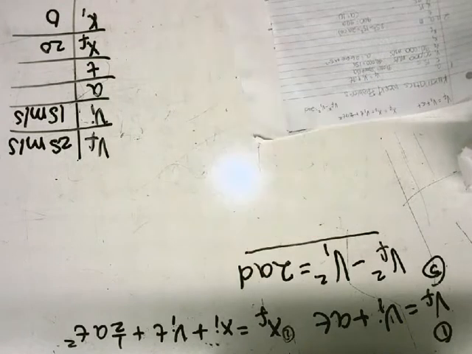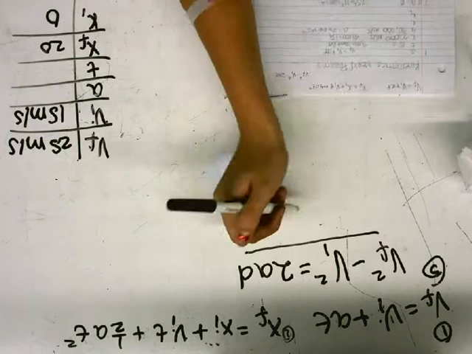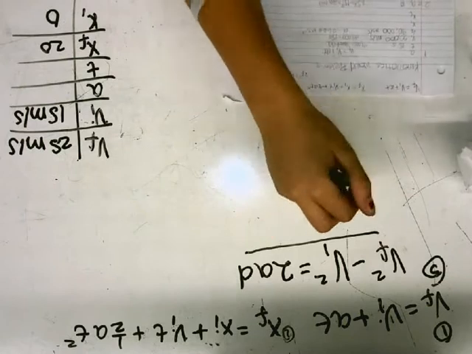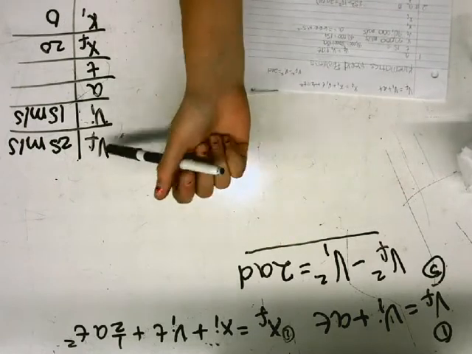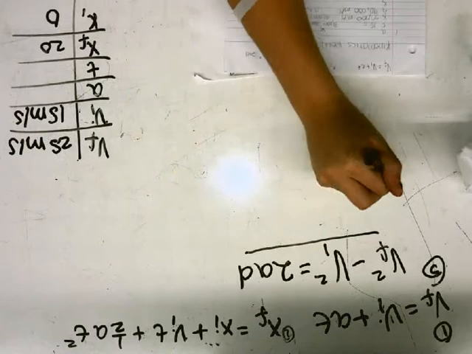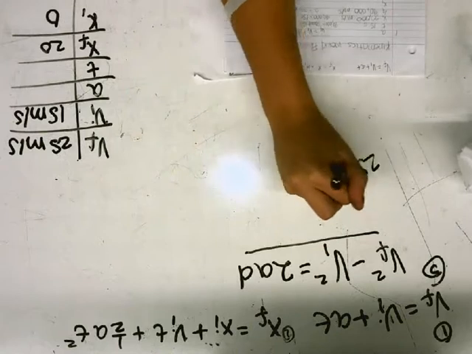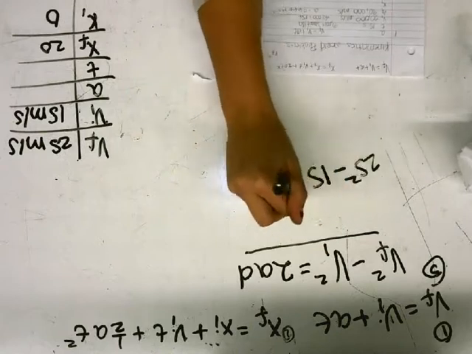Okay, so I'm just going to start plugging in the numbers for this equation right here. So you'll get 25 squared minus 15 squared equals 2a, and then we found out that the displacement is 20, because remember that was in the problem and I talked about that over here.